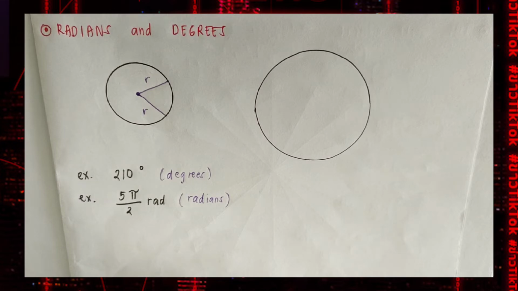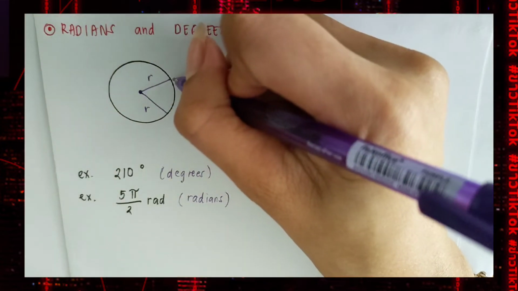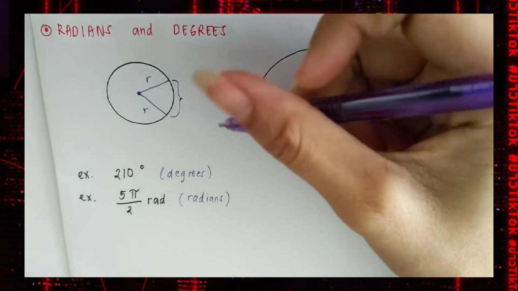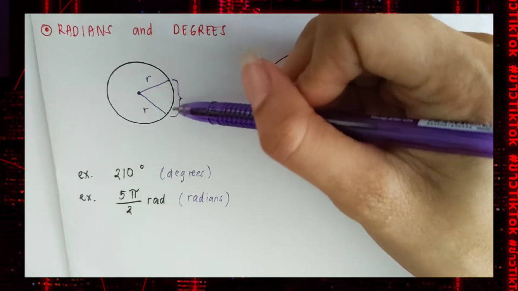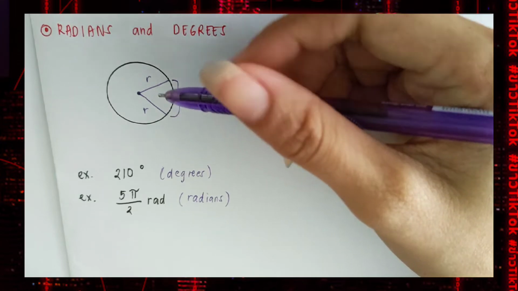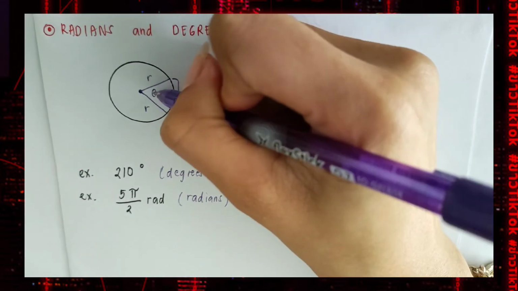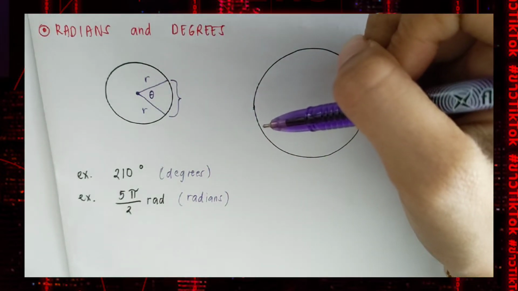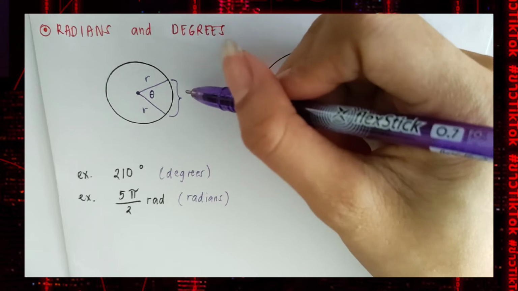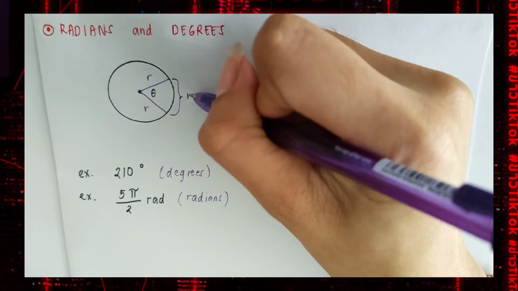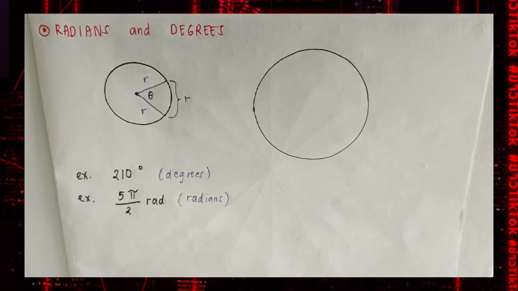If you travel an arc length along the outside of the circle that is the same as your r, the central angle theta that creates that length is 1 radian. Technically speaking, this is the definition of radian.